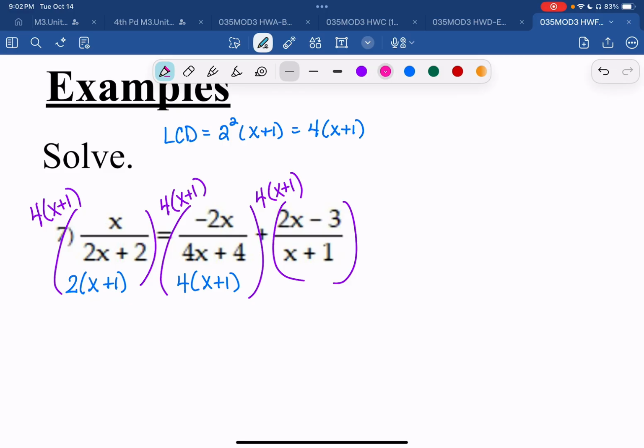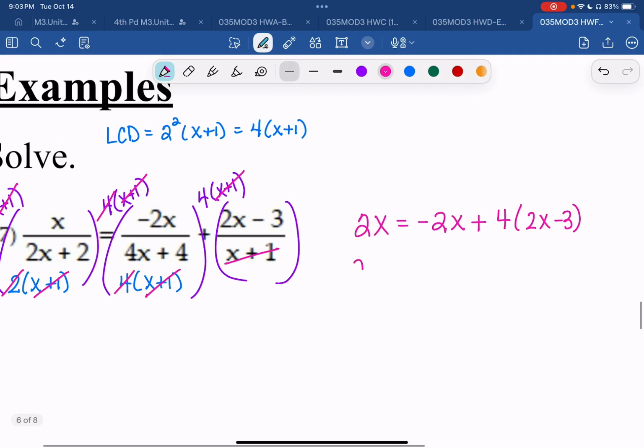Now we clean it up. So the x plus 1's cancel. The 2 makes this 4 become a 2. So what I've got in this first term that's left, I've got a 2 and I've got an x. And that's it. Okay. The x plus 1 goes away. The 4 goes away. So the only thing I've got left here is just a negative 2x. Then the x plus 1 goes away. I've got plus a 4 and a 2x minus 3.